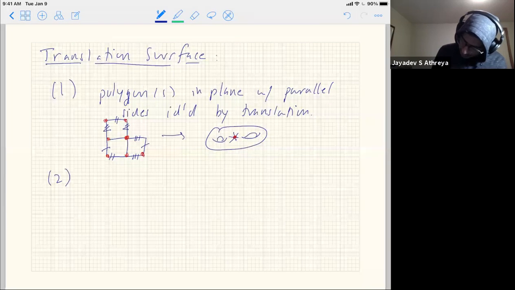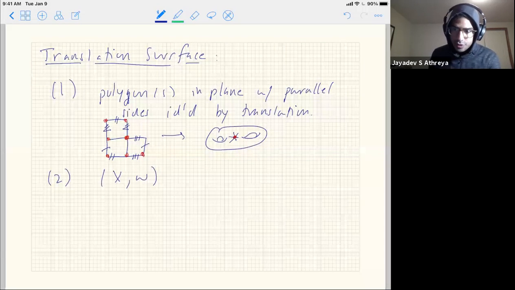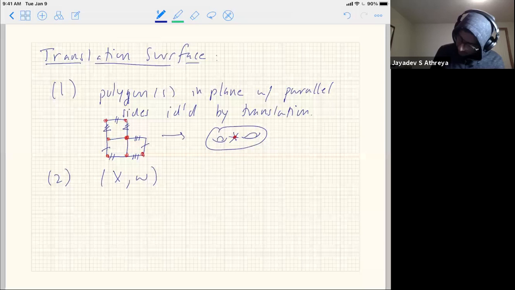The second is, notice from this definition you're gluing everything with a translation, so you get a Riemann surface structure, but then you also get a one-form dz, basically coming from the observation that d of z plus c is dz.